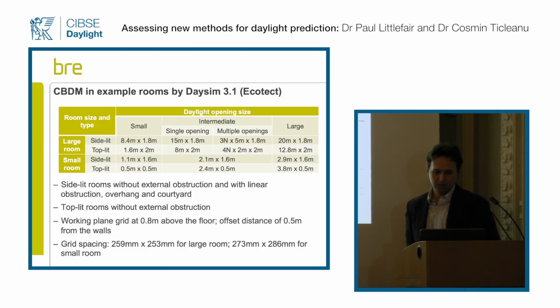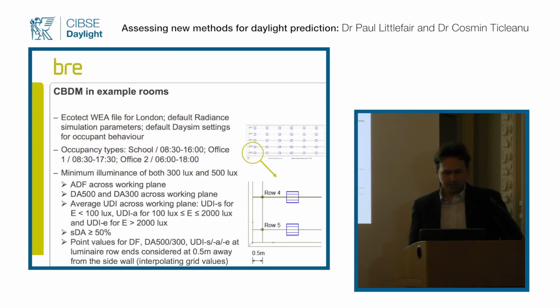So, okay, we used the default Radiance and DaySim settings, including occupant behavior, and we looked at 3 occupancy types, school and office, with 2 different usage times, so 8:30 to 5:30 and 6 to 6. We used the weather file for London, and we considered both 300 lux and 500 lux minimum illuminances. That's, say, the input data.